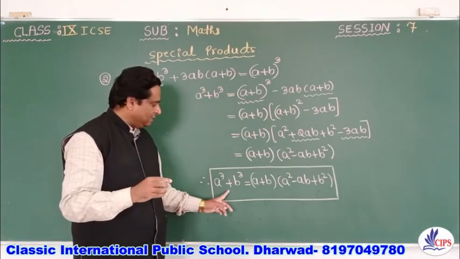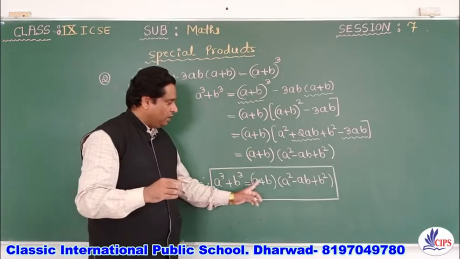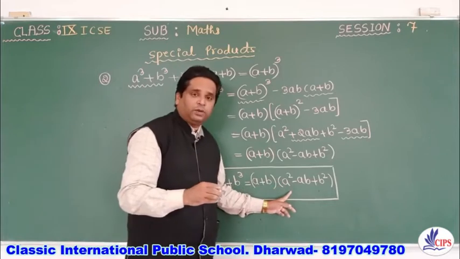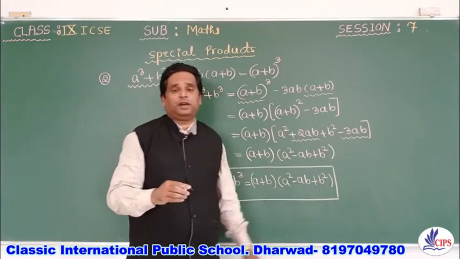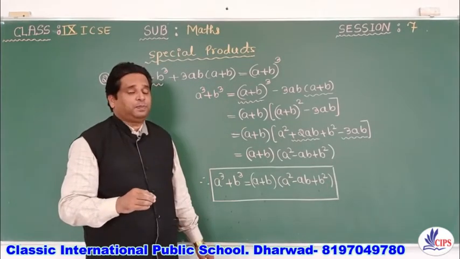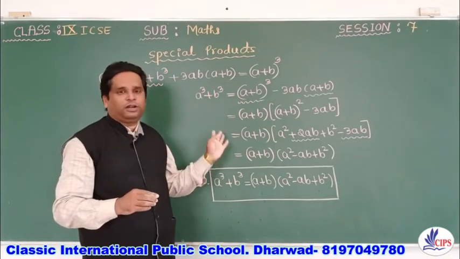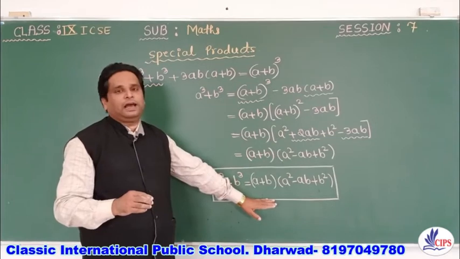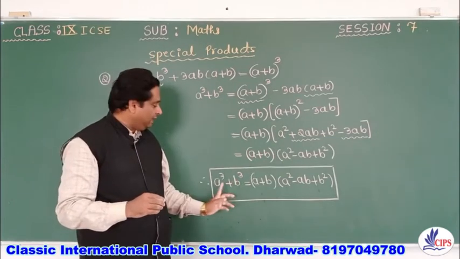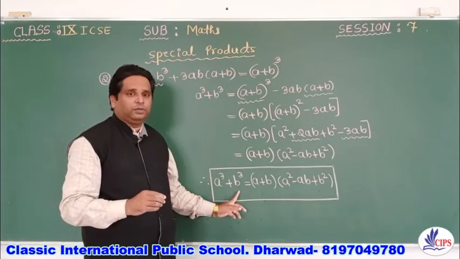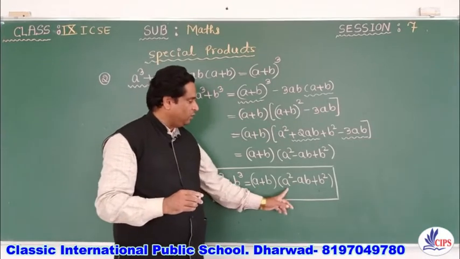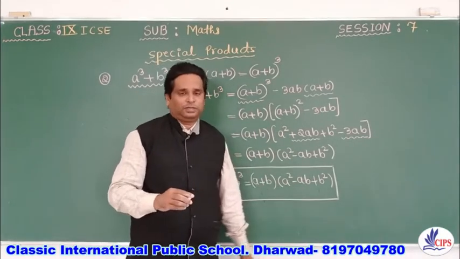It is the second special product you have to remember, children. Here the derivation is not at all important, only remember directly the special product: a³ + b³ = (a + b)(a² − ab + b²).